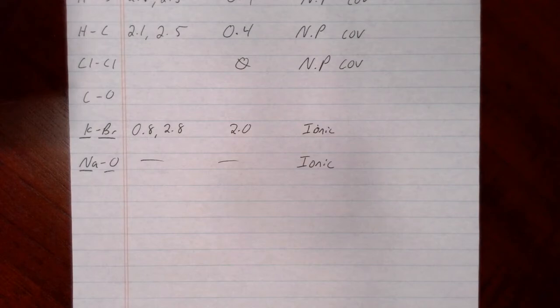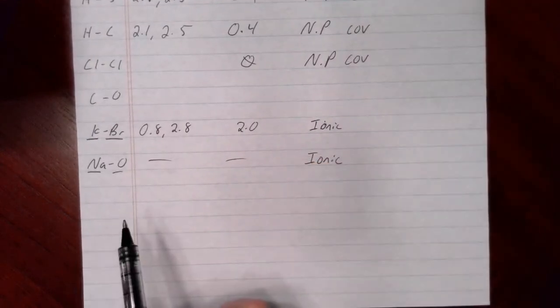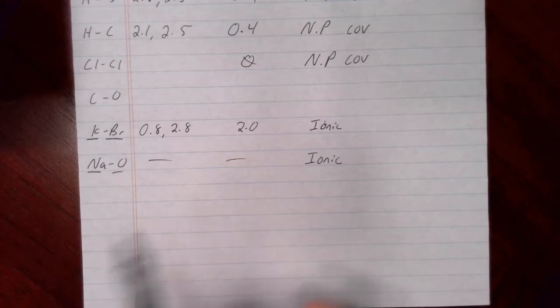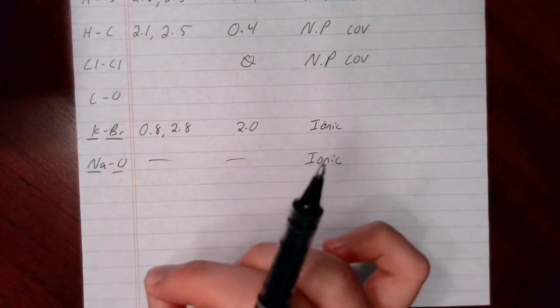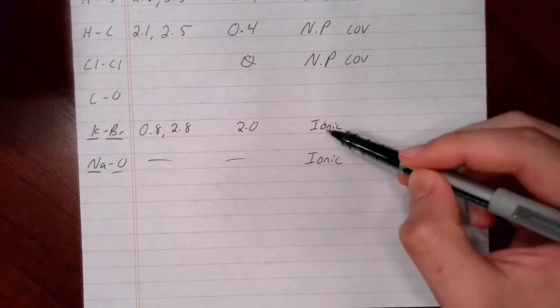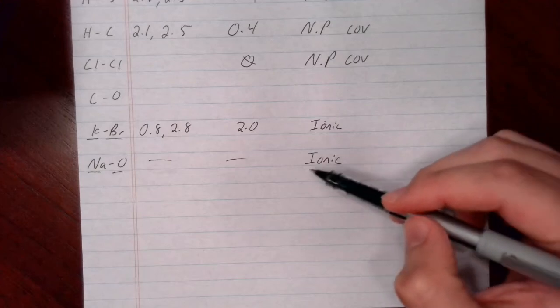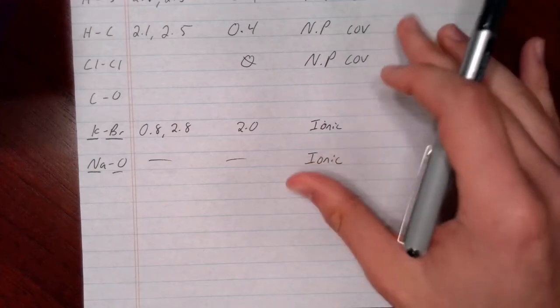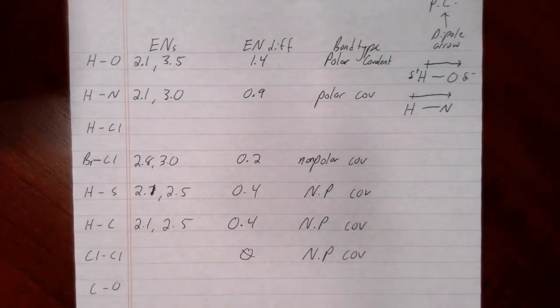So just kind of in review, what we have going on so far, a bond between a metal and a nonmetal, or between a nonmetal and a metalloid that have an electronegativity difference greater than 1.8 are ionic bonds. Okay, so they form ionic compounds. Compounds with an ionic bond we call ionic compounds, and they completely transfer electrons. So bonds between two atoms that have very similar electronegativities we call nonpolar covalent bonds.